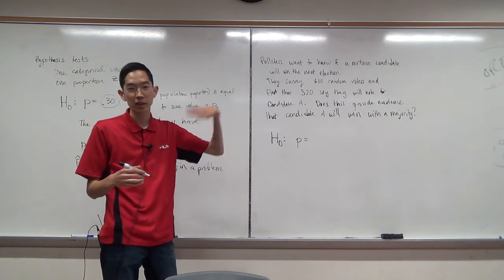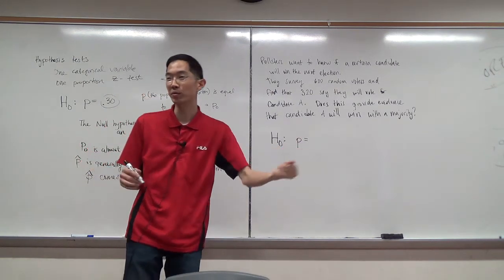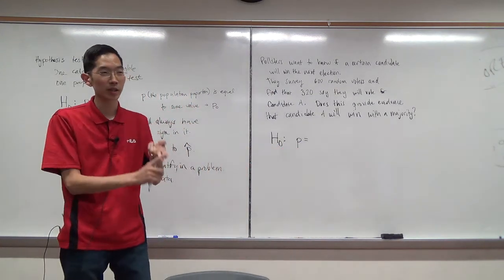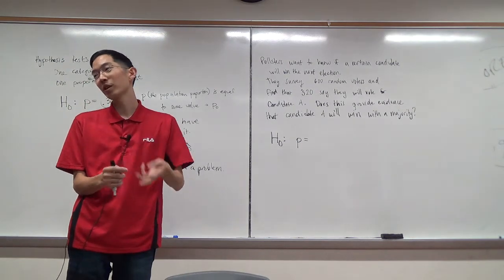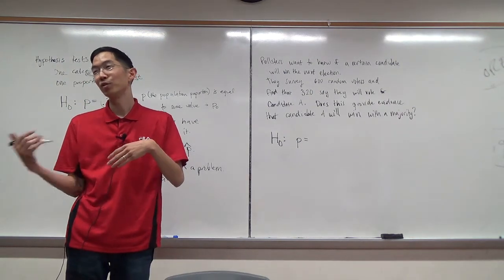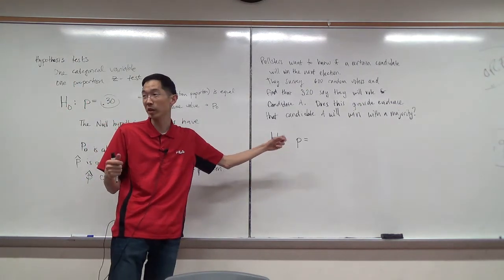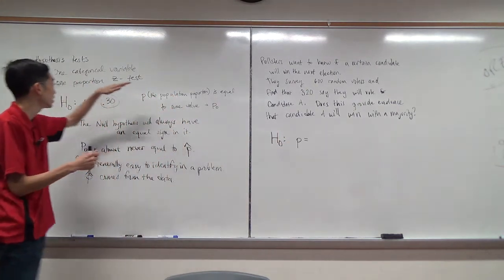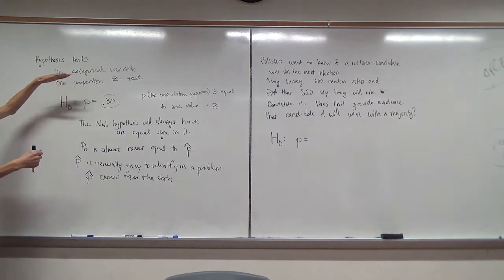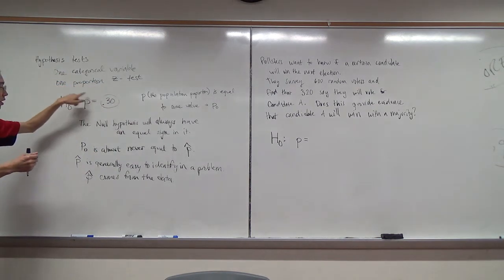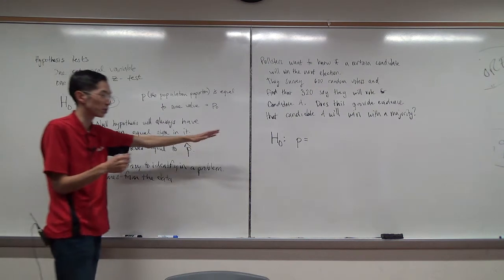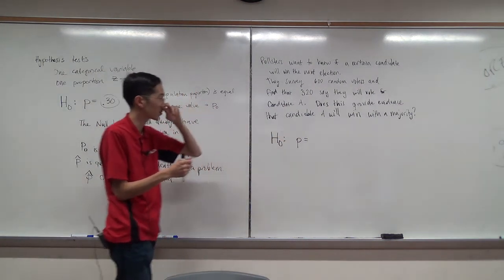As we go further in the course, we will learn about hypothesis tests with two samples and with numeric variables, and that will change the symbols you use in your null hypothesis. But right now we have one categorical variable, so we have one proportion, and the null hypothesis is p is equal to something.